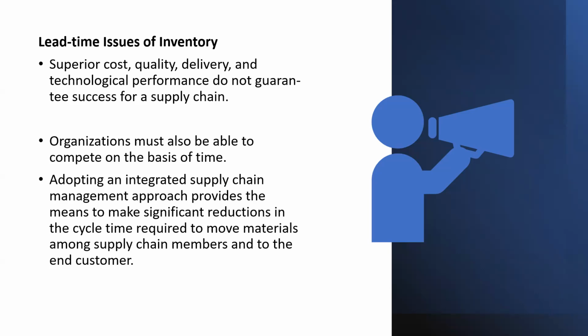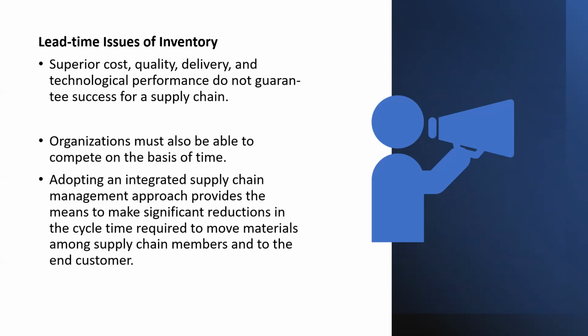Please, cost, quality, delivery, technology are important, but time is of the essence. And this does not mean that cost, like I mentioned, is not important. They are, but individual organizations and supply chains must be competitive in these areas and should be able to get products and services to their customers faster than the competition out there, because time is money.